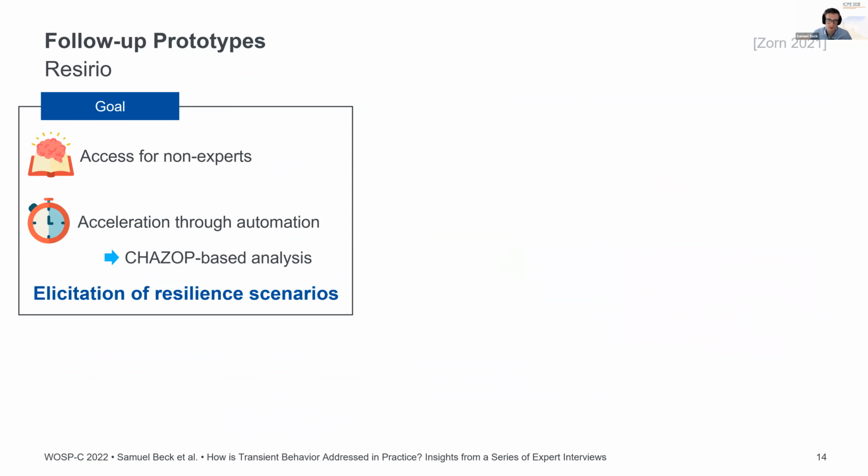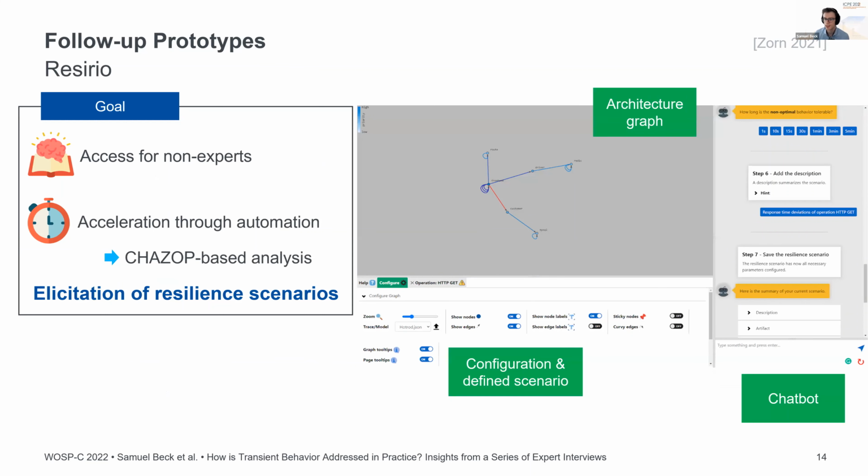The other follow-up prototype that we developed is Resirio, which is a tool meant for making the elicitation of resilience scenarios more accessible for non-experts and also accelerating this whole process through automation. To that end, it automatically extracts a software architecture from a system through tracing and then conducts a HAZOP-based hazard analysis and presents the outcomes of that in a user interface, where the user can again use a chatbot that guides him or her through multiple steps to elicit a resilience scenario.